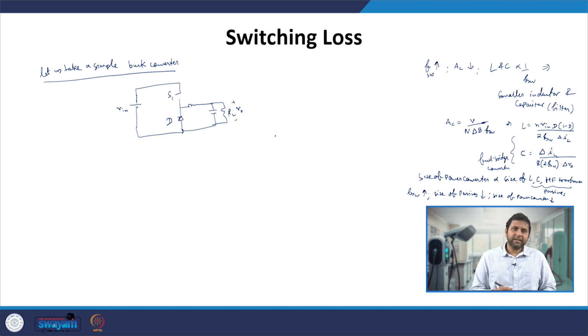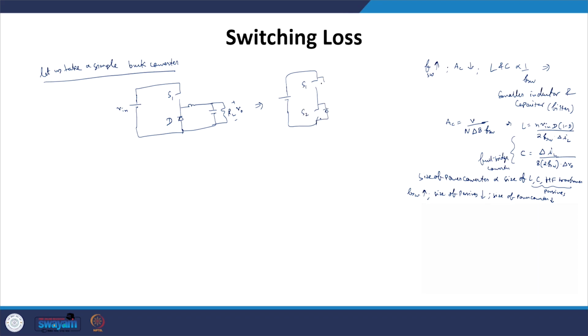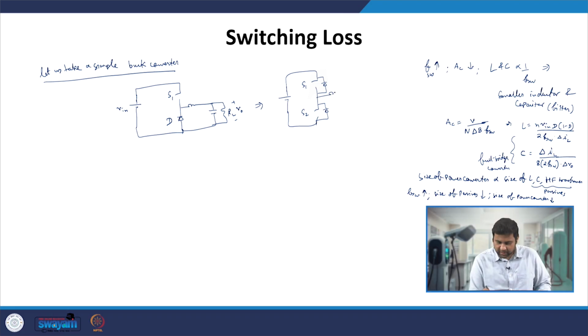So we could also have achieved this with the S1 switch and the S2 switch with a freewheeling diode, or a body diode if I am using a MOSFET, and the capacitance, then the resistance RL, output V naught, and input Vin.